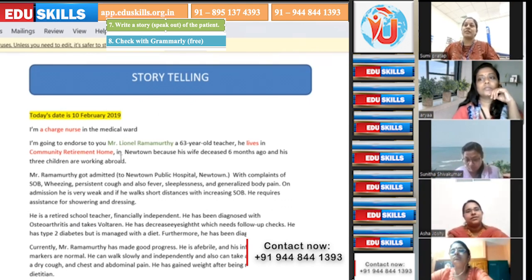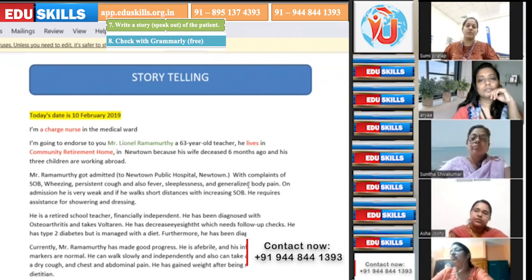So where is he living? The next line already says he's living in the community retirement home, Newtown, because his wife passed away 6 months ago, and his 3 children are working abroad. Mr. Ramamurthy was admitted to Newtown Public Hospital on 4th February 2019.